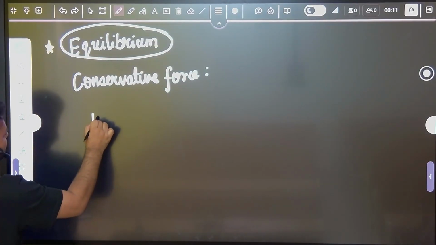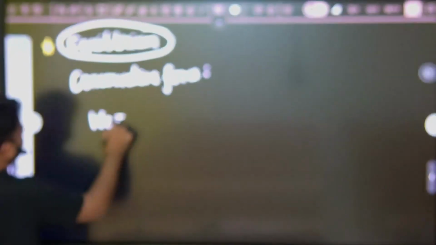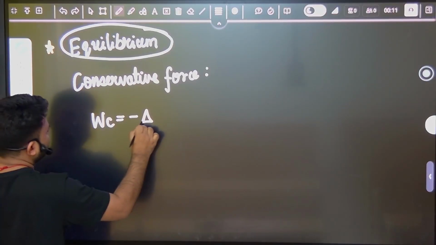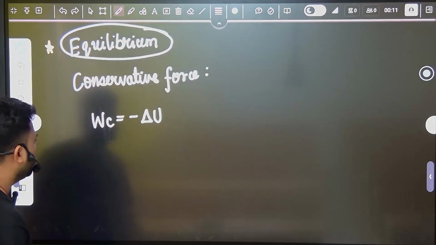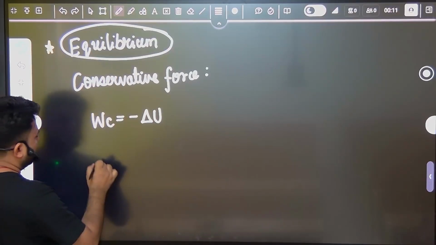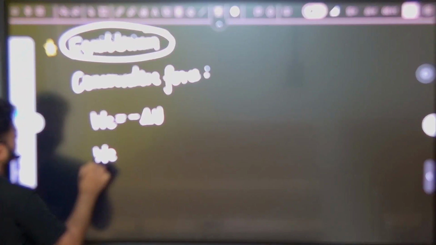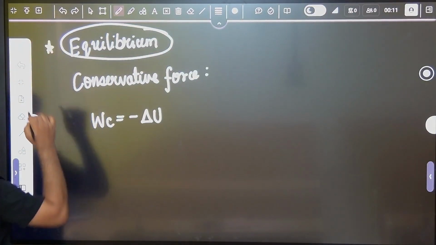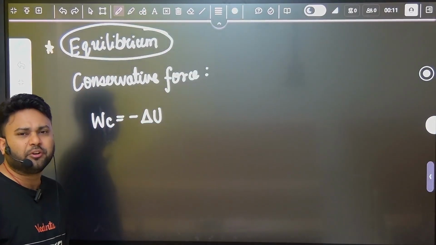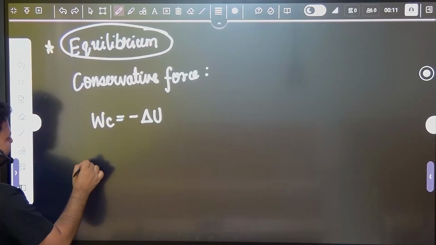So what I told just now: work done by conservative force equals negative change in potential energy. Okay. So work done by conservative force. Can I write force into displacement form? Can I write like this?